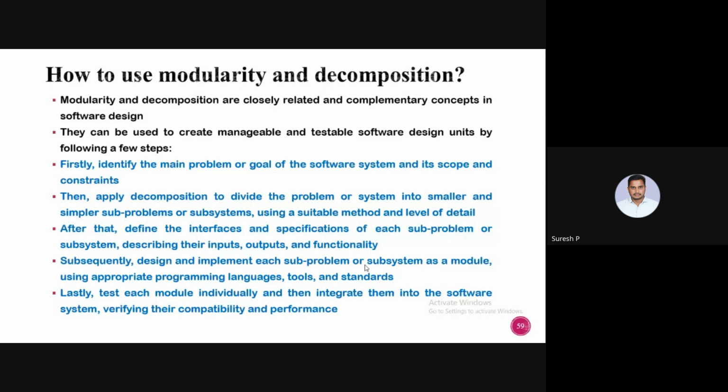The fourth one is coding of each module, that is writing the program for each module using some programming language. Finally, test the individual modules, integrate all the modules together, and test again to check their compatibility and performance. So these are the different steps we are supposed to follow in software design with the help of modularity and decomposition.